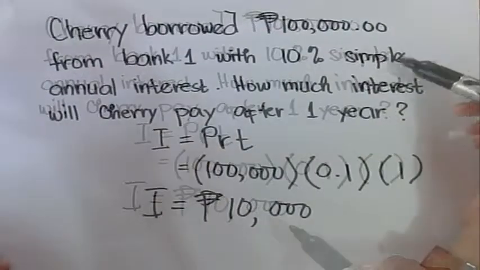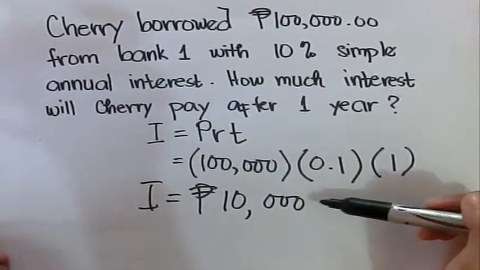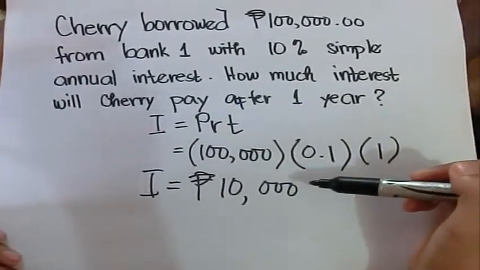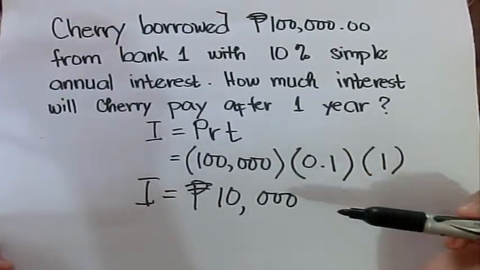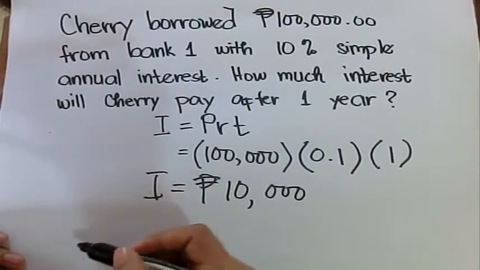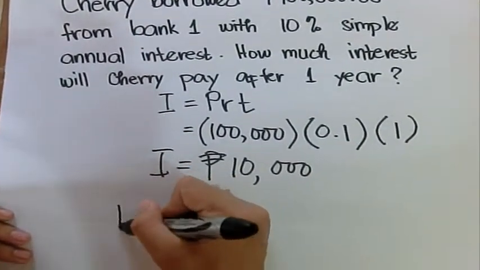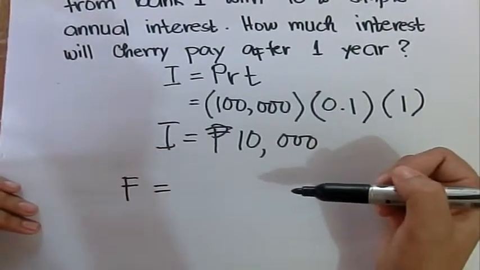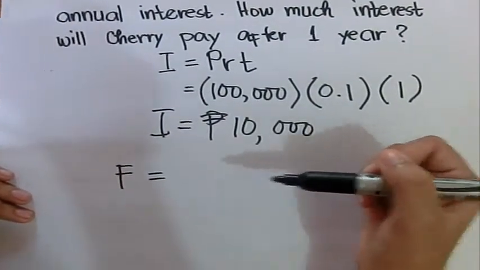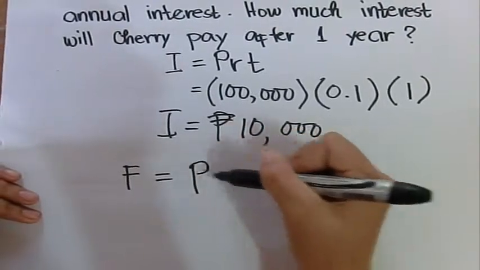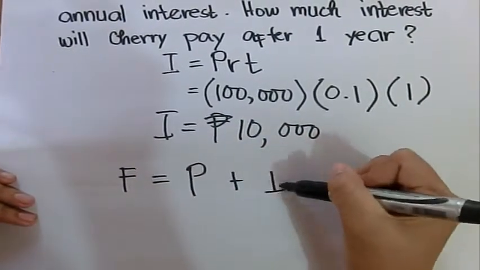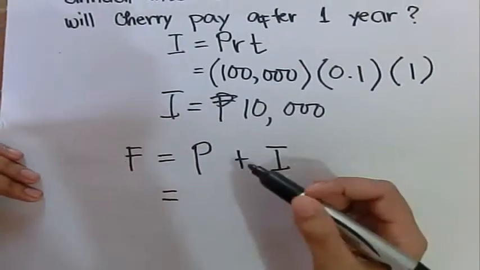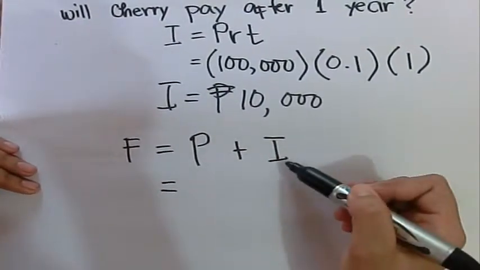Okay, so we already solved for the interest. Now this time, we are going to solve for the accumulated value, or the final value, denoted by F. Again, in finding the final value, just add the principal amount and the interest.